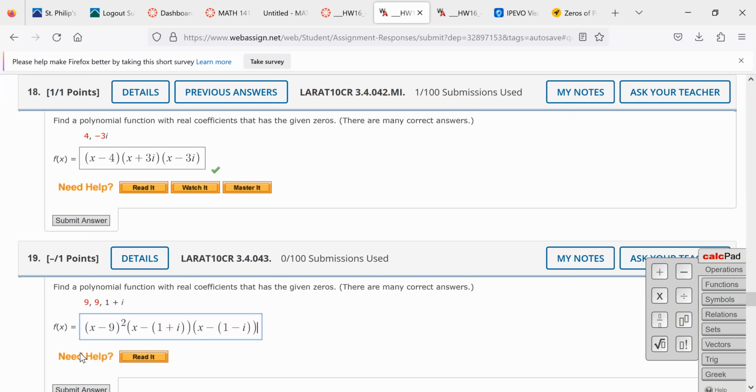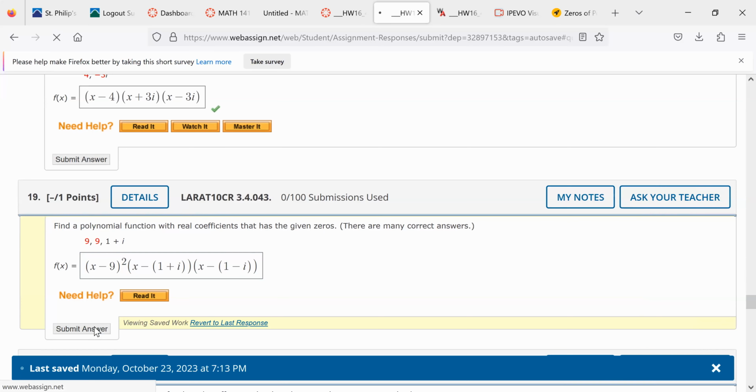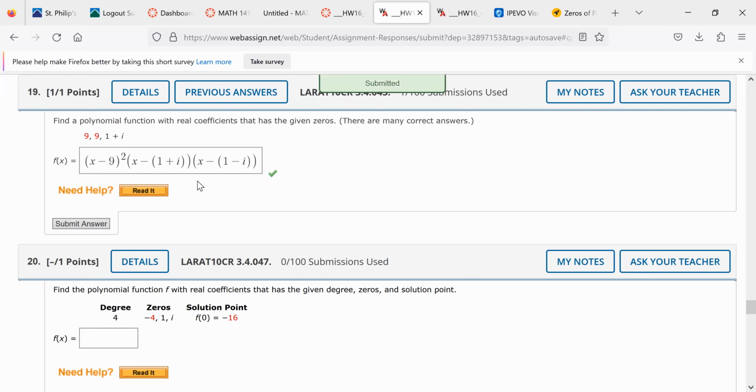But they probably want us to distribute the minus. But you do see how this is the conjugate pair, 1 plus i and 1 minus i. I don't know if it'll take this, but I'm going to try. Nice. I don't have to multiply it out. Cool.